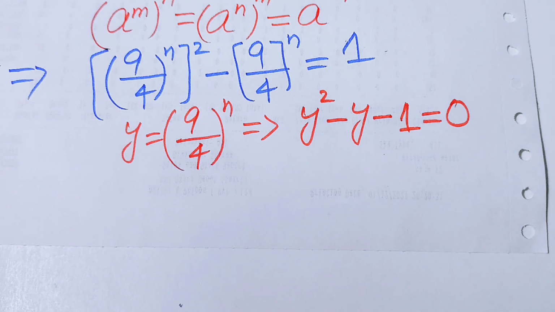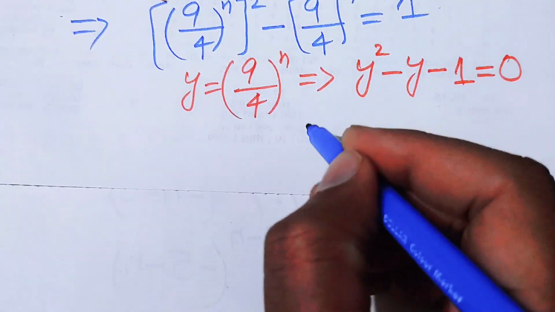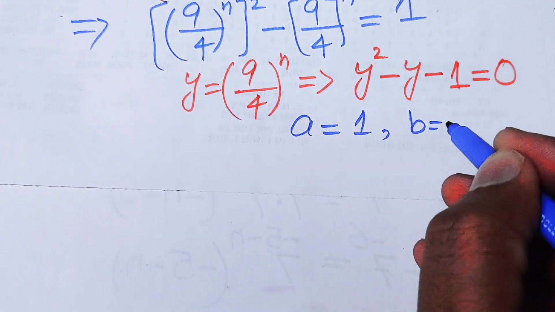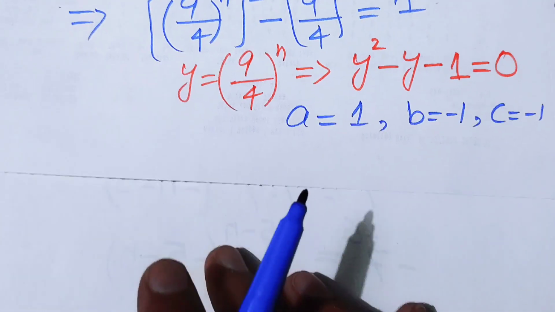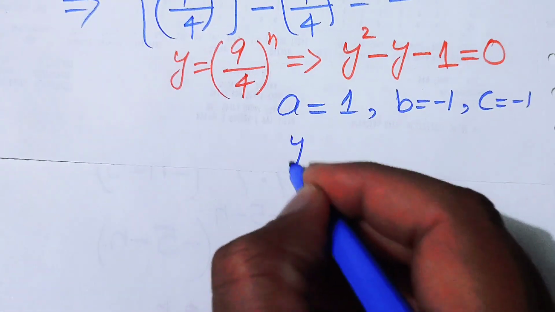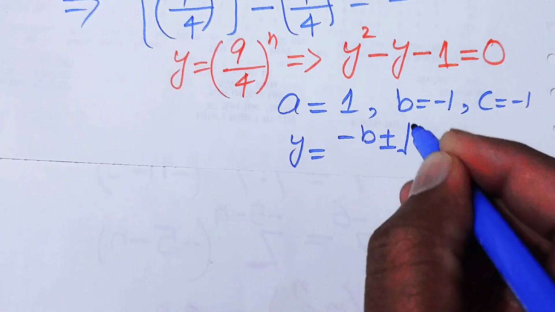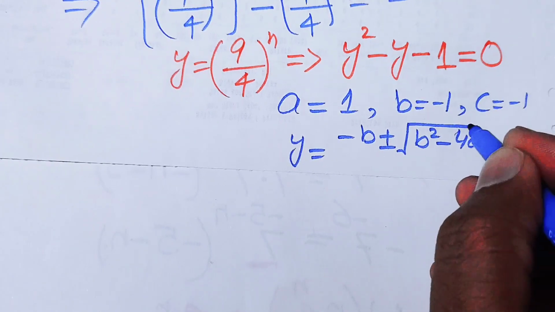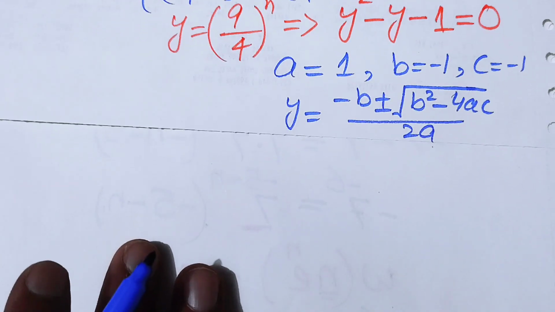So now we can solve this quadratic equation by using the quadratic formula. You know that we have a is equal to 1, b is equal to minus 1, and c is equal to minus 1, and our quadratic formula is written as y is equal to minus b plus minus the square root of b square minus 4 times ac, over 2 times a.